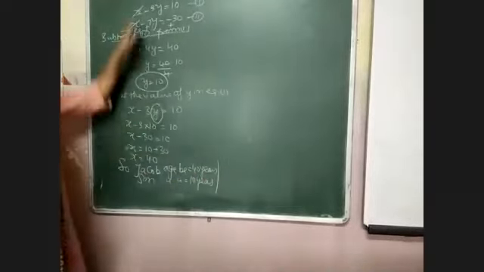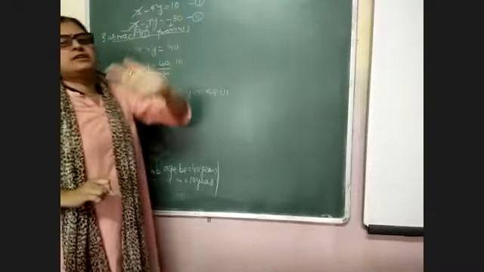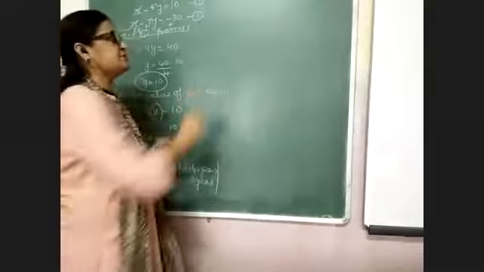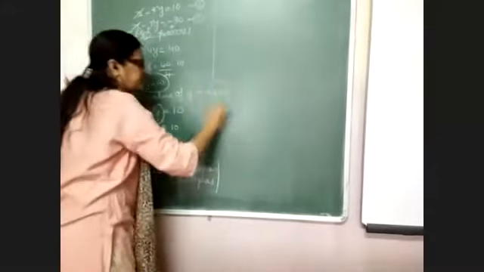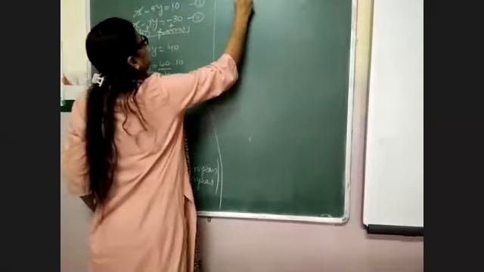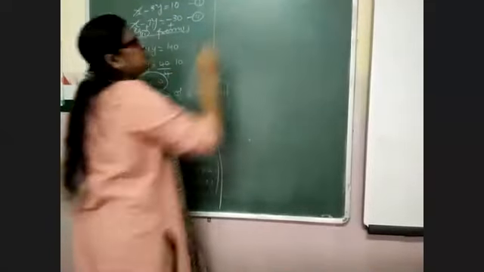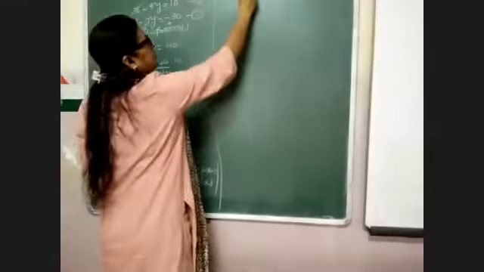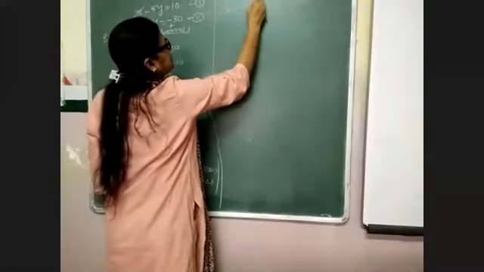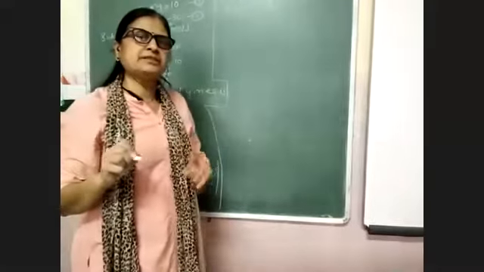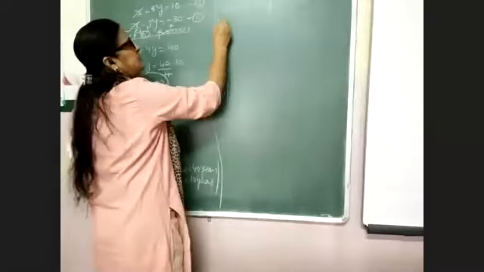Okay, I used the elimination method in this question, but while you are using the substitution method, how will you solve this question? x minus 3y equals 10. This is your first equation. So then you will take one value, minus 3y, transposed to the right hand side, it becomes x equals 10 plus 3y, and put the value of x.